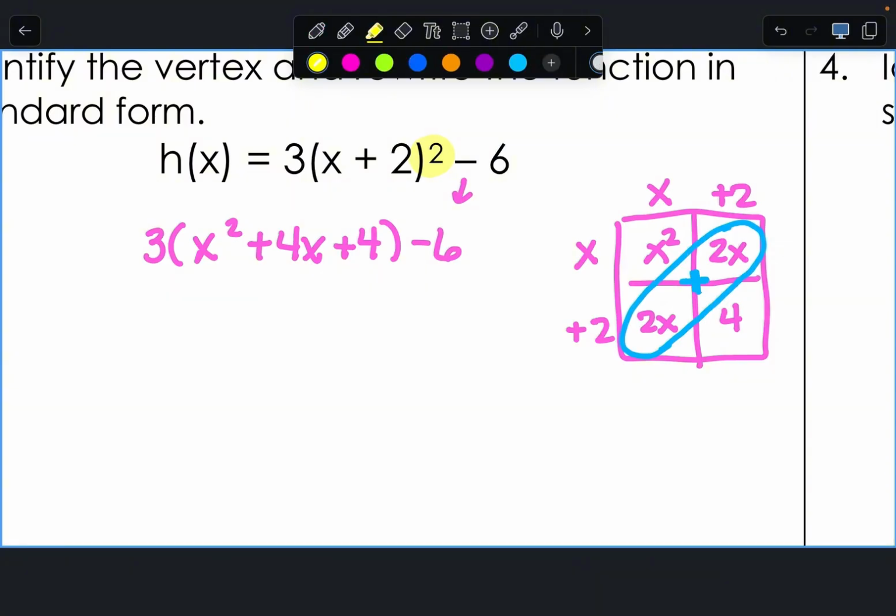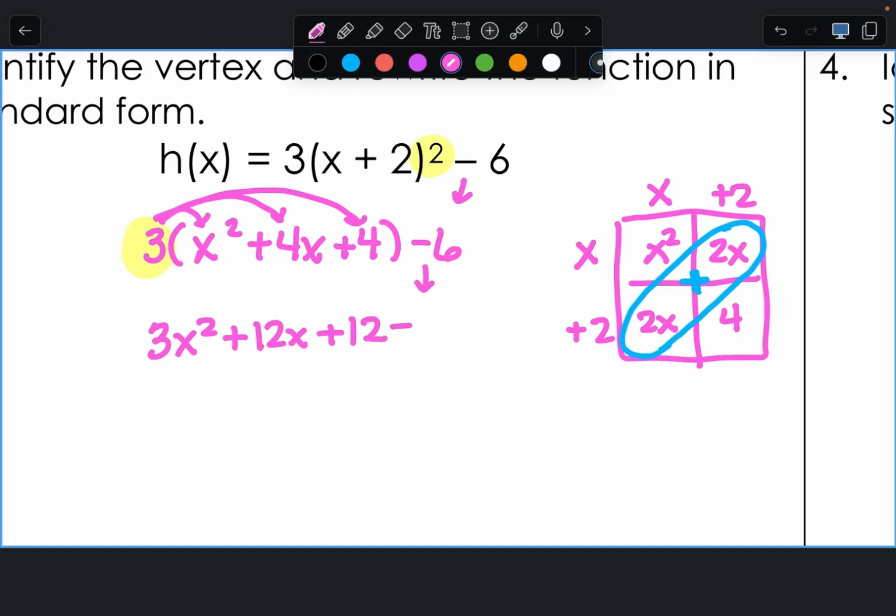Distribute. We're going to distribute the 3. You get 3 times x squared is 3x squared. 3 times 4 is 12. Bring down the minus 6.